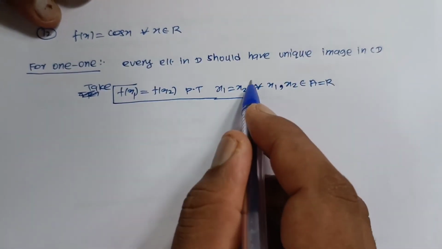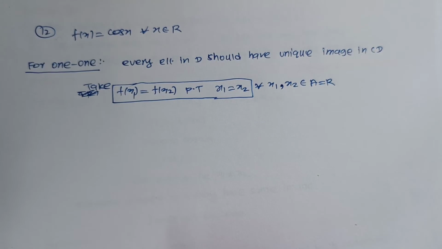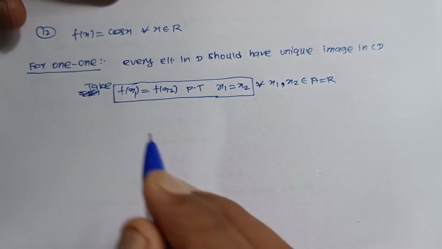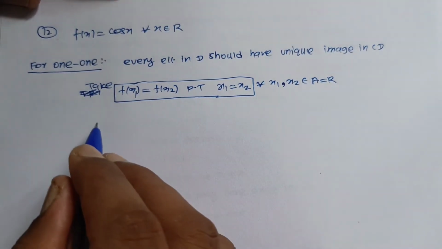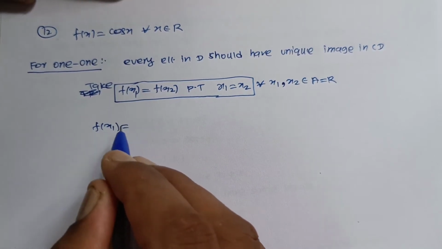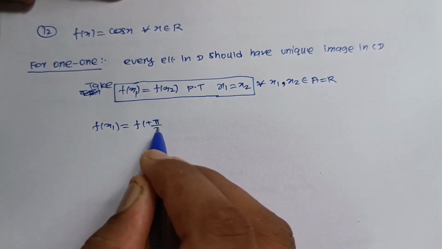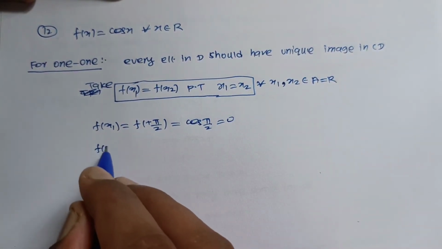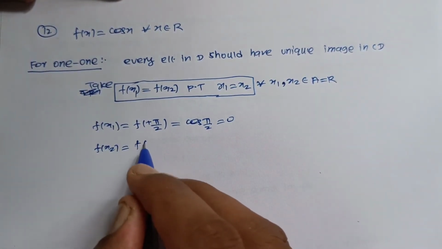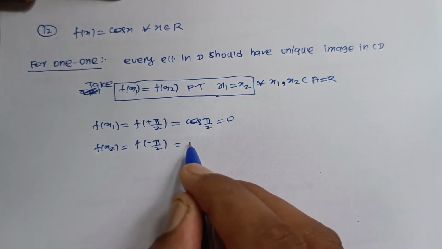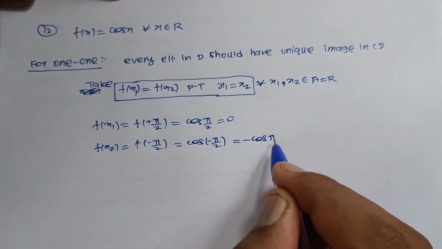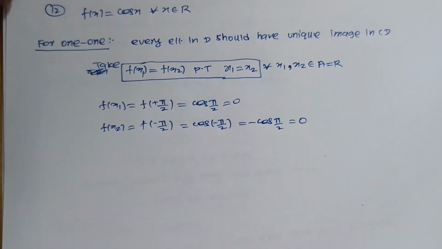In 12th standard we study like this, but because the given function is trigonometric, we can take 11th standard concepts. First, consider f of x1 as f of pi by 2, which gives cos of pi by 2 is 0. For f of x2, take x2 as minus pi by 2, that is cos of minus pi by 2 is nothing but cos pi by 2, which is 0.